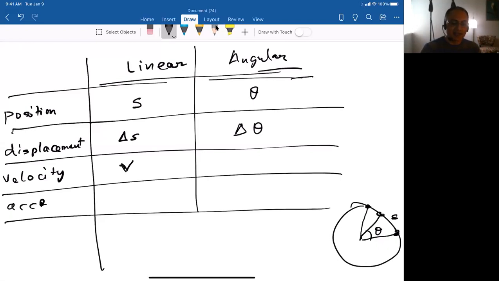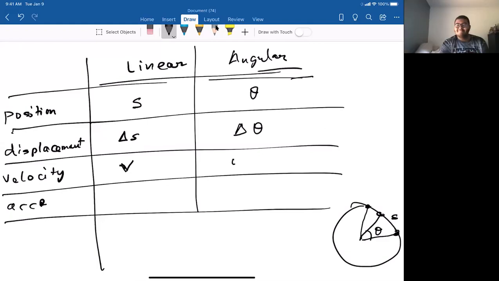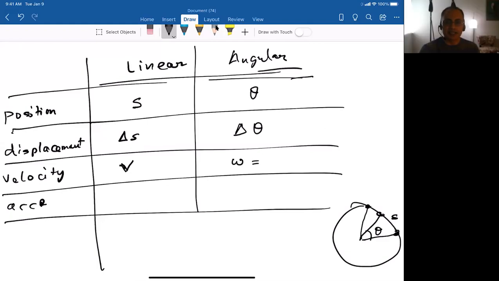And what is the corresponding angular quantity that measures how fast theta is changing? Omega. Yes, exactly. So omega measures the rate of change of theta, right? So omega is d theta dt. It'll probably make this too cluttered if I put that over here.